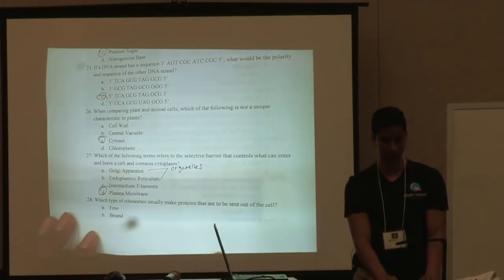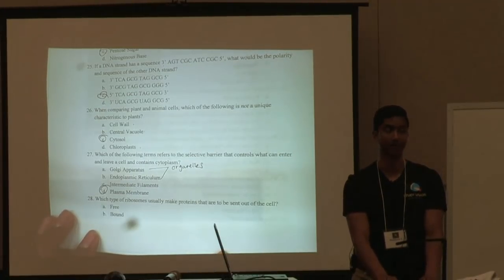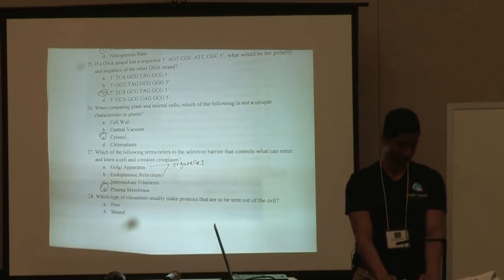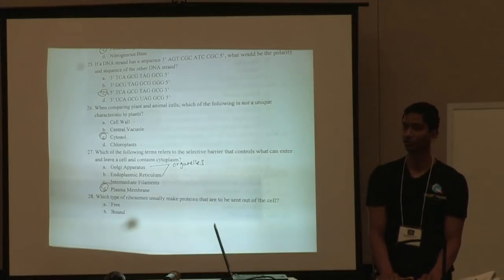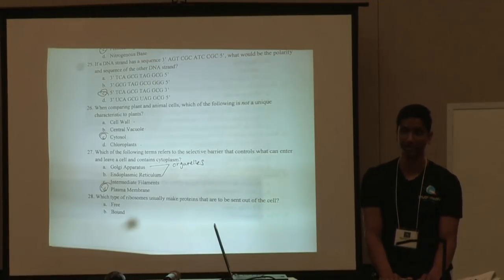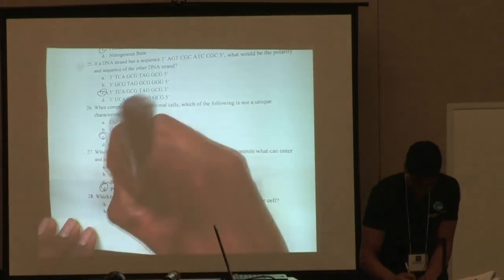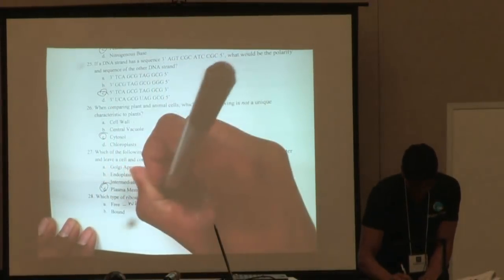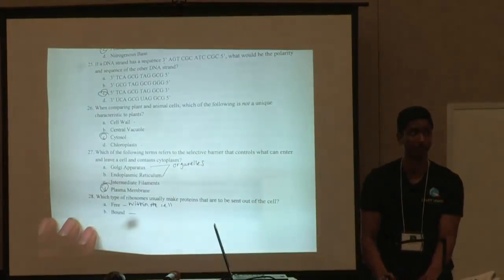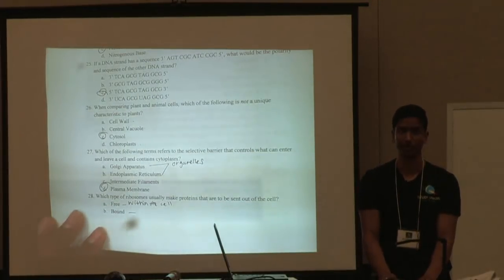Which type of ribosomes usually make proteins that are to be sent out of the cell? Free, okay. So free proteins, what type of proteins do they make? They're for within the cell. What about bound ribosomes, what are they bound to? The ER, which ER?